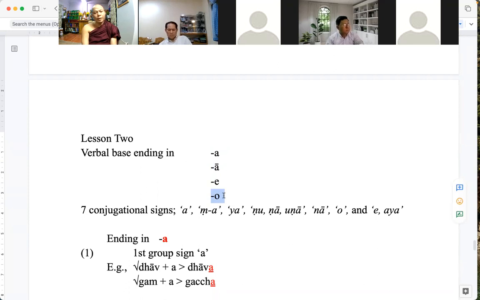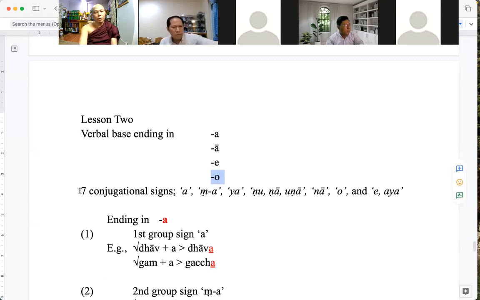Vowel bases can end in one of these 4 vowels: A, R, E, or O. That is related to the 7 conjugational signs.